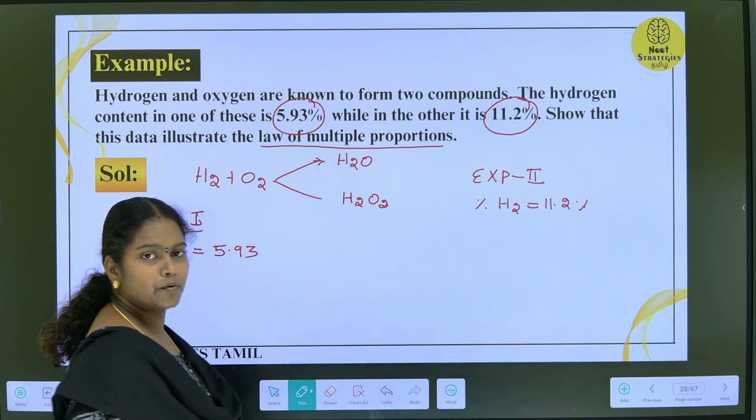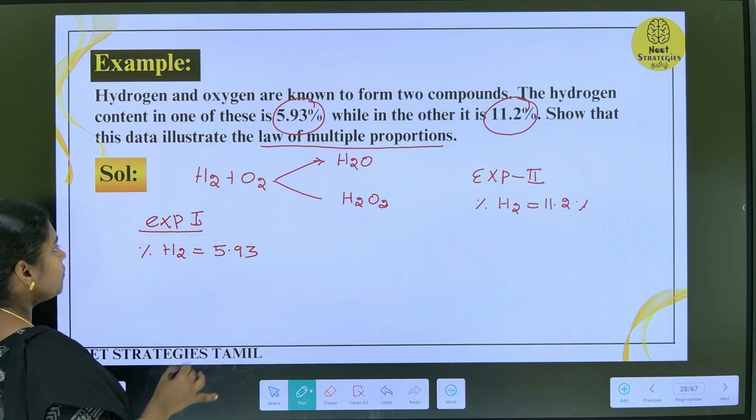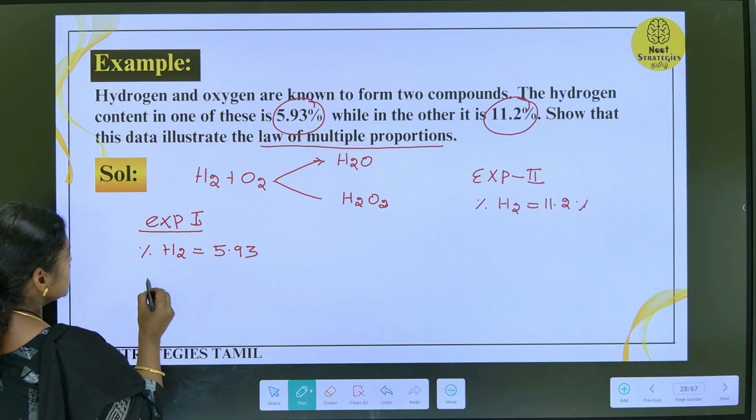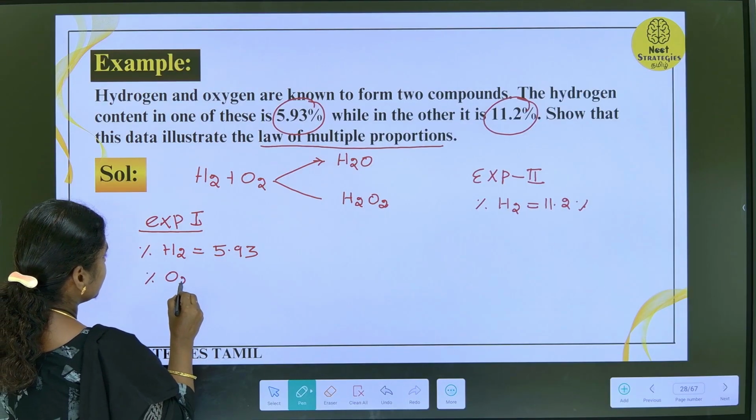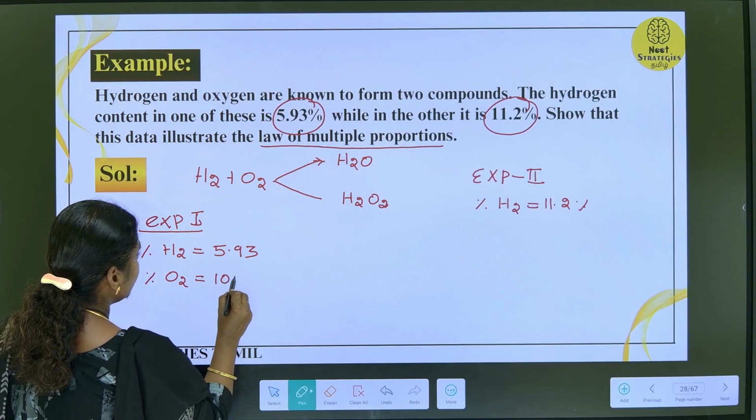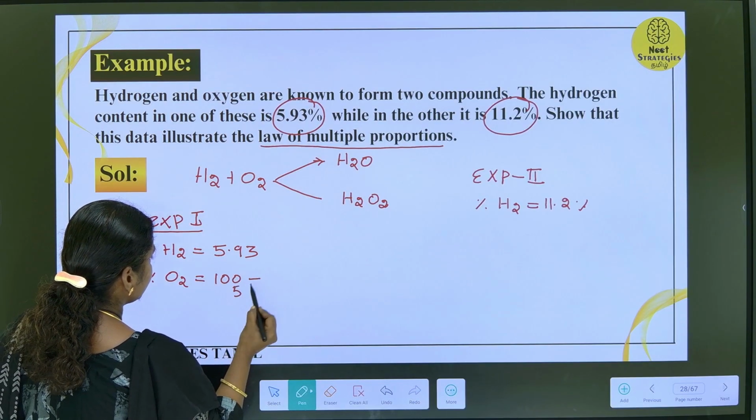What about the remaining percentage? The percentage of oxygen is 100 minus 5.93.